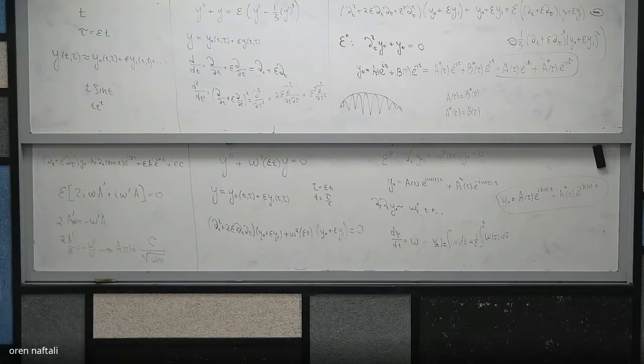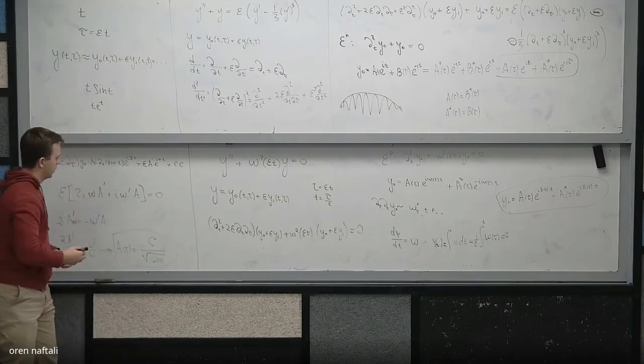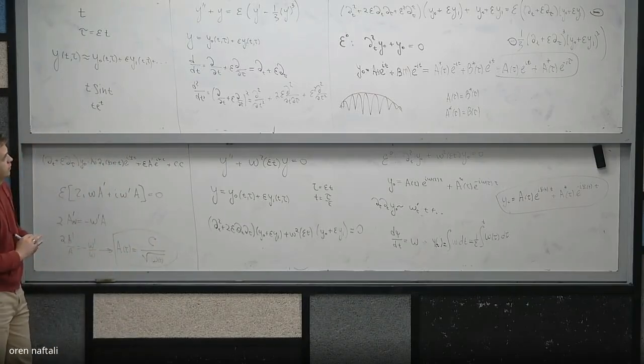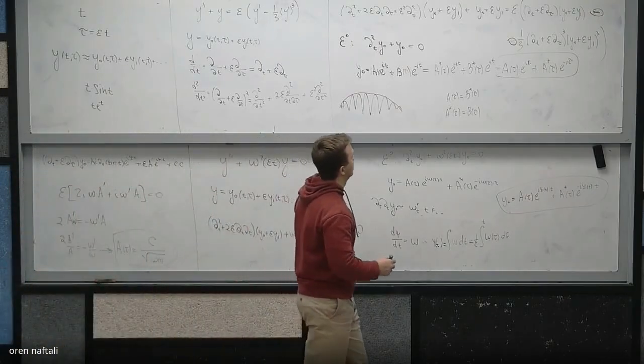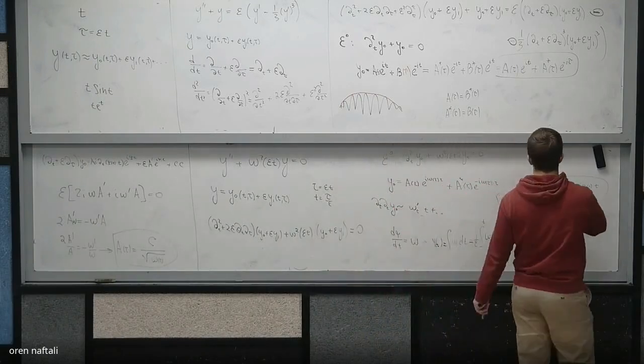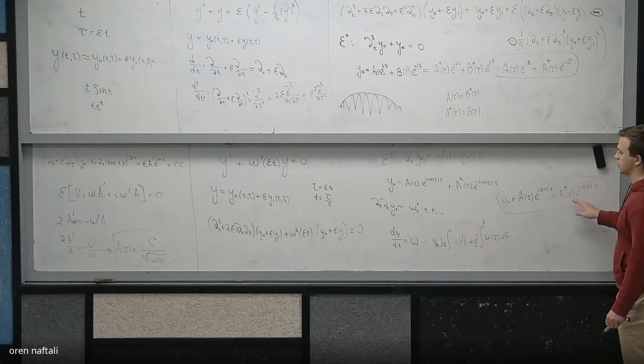This is the amplitude. And now the final solution is this amplitude times this exponent plus the same complex conjugate.